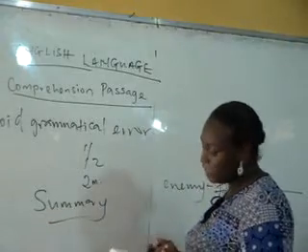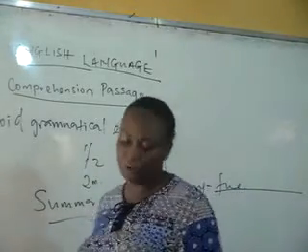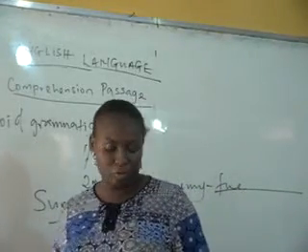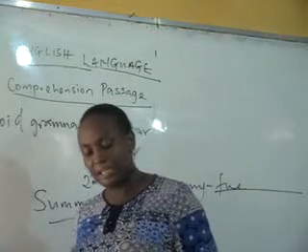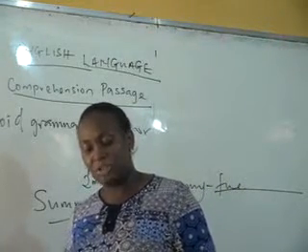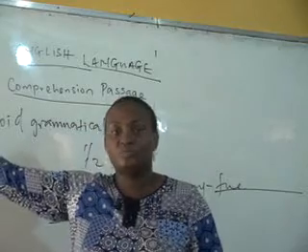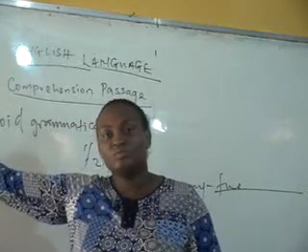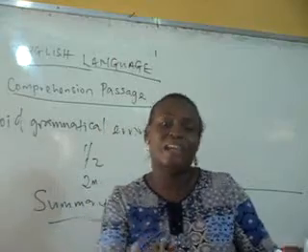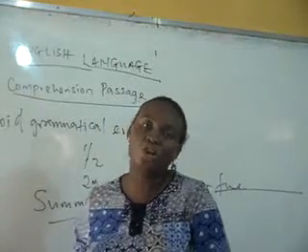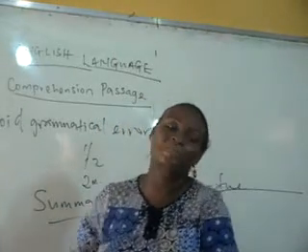For example, the last part says early treatment should be provided for drug abuse. Some of you won't just stop there. You still go ahead to say early treatment should be provided for drug abuse so that it won't lead to something else. You now have extraneous material. The answer should stop at drug addict.